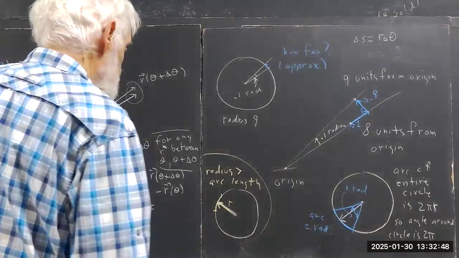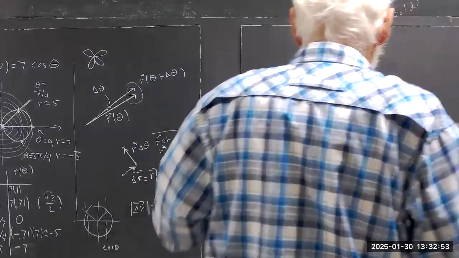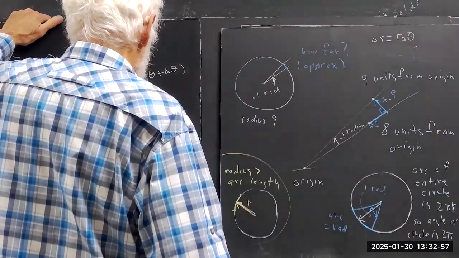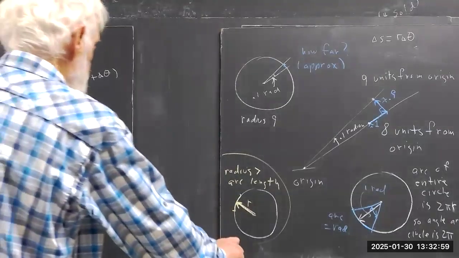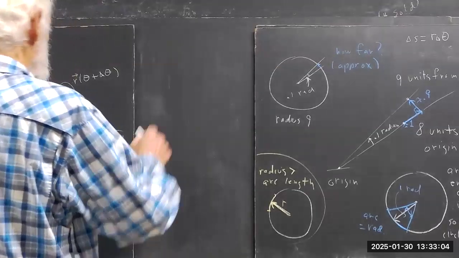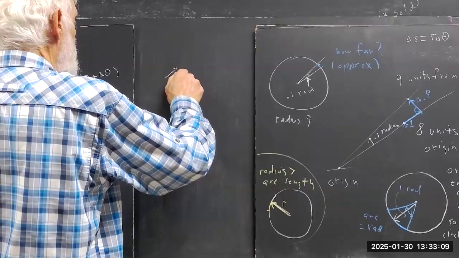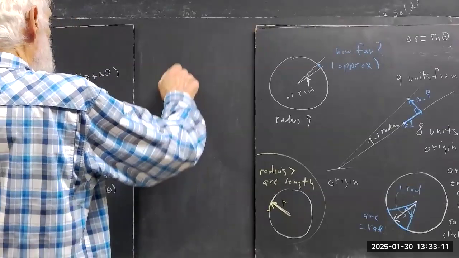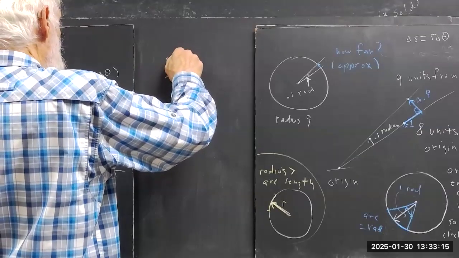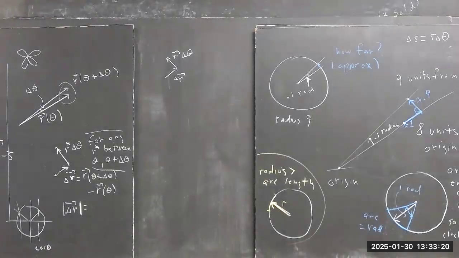L is then, okay. First of all, I've got delta R here. And I've got R delta theta here.